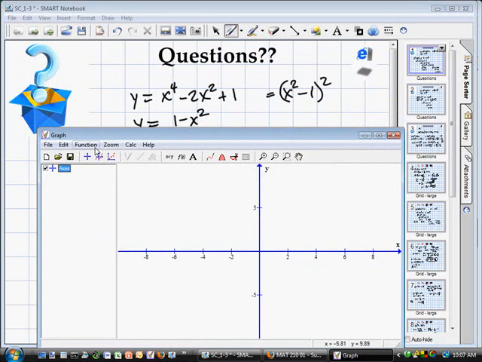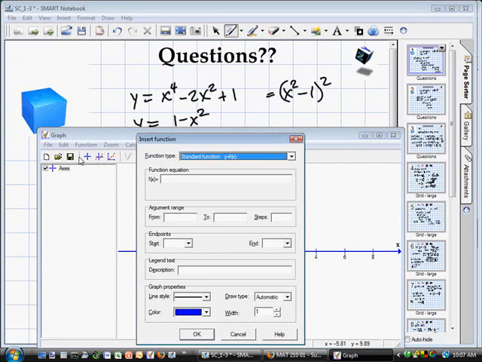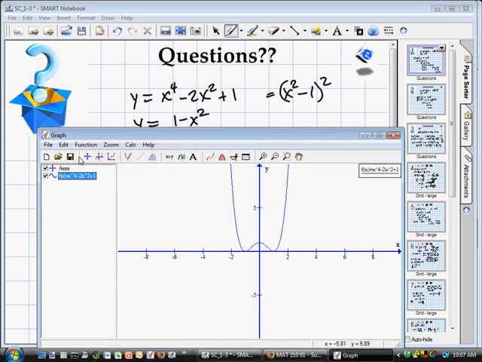Okay, so let's add a function here. x to the fourth minus 2x squared plus 1. Now let's add the other one.